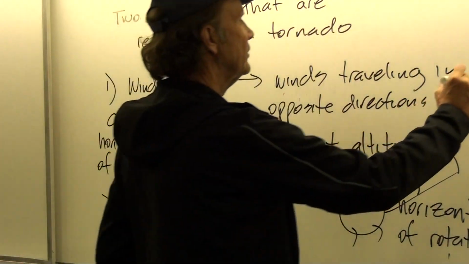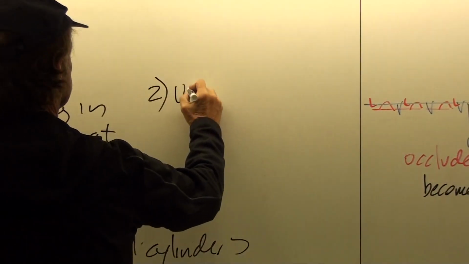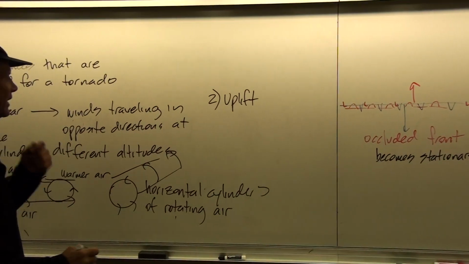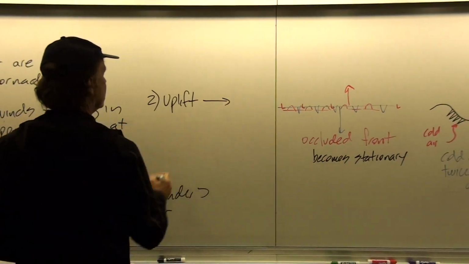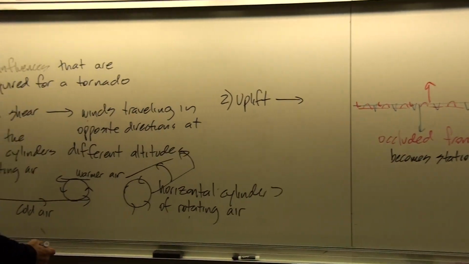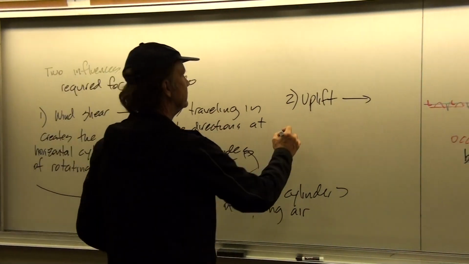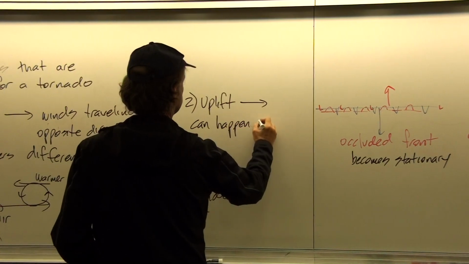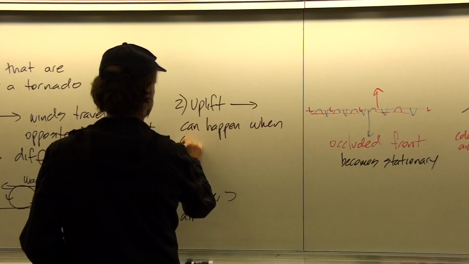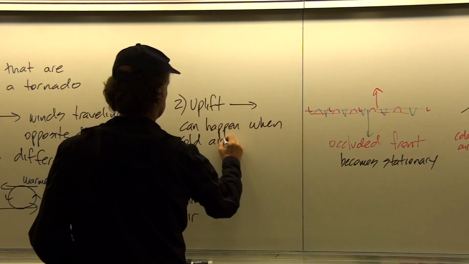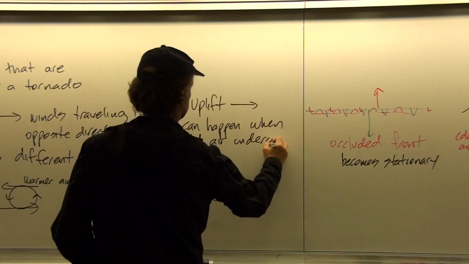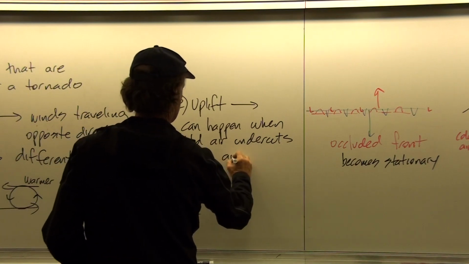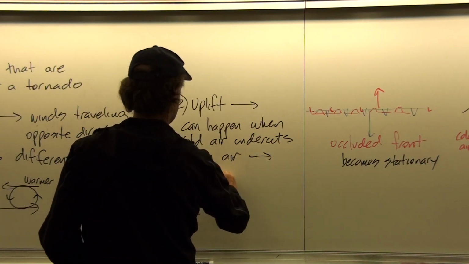Then the second thing you need is uplift. And this uplift can happen when cold air undercuts warm air, and does this rapidly.